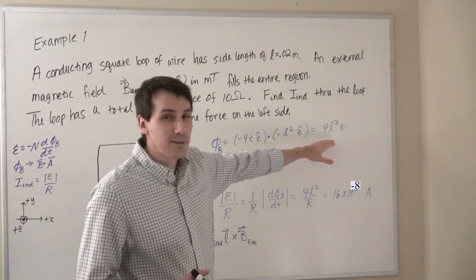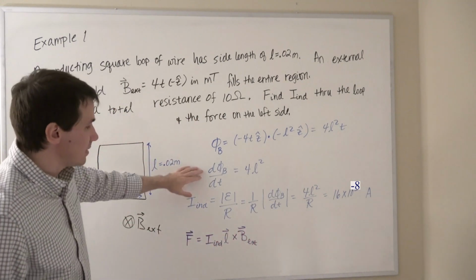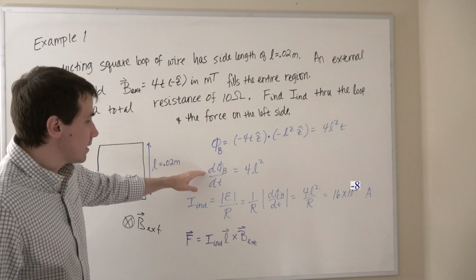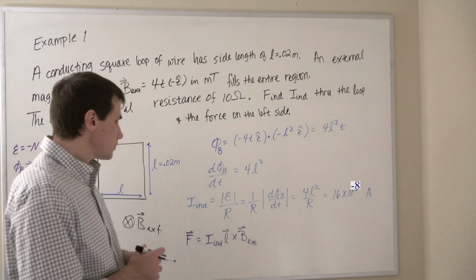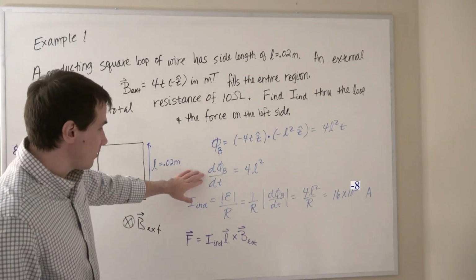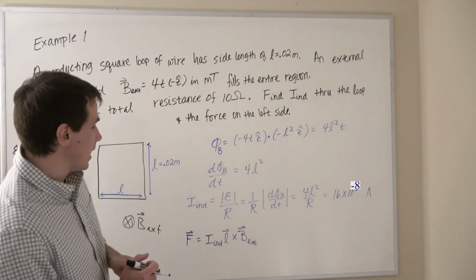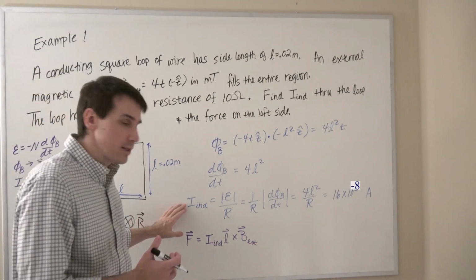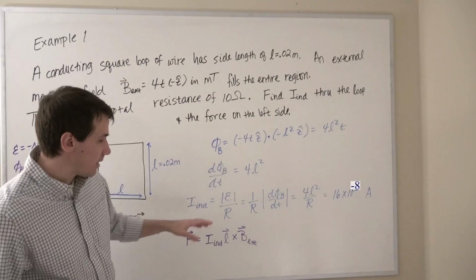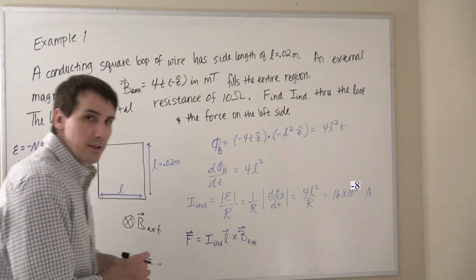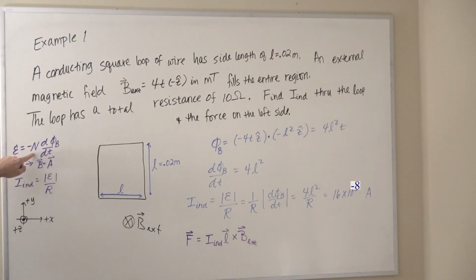Now, this flux clearly, explicitly depends on time, and we can take its derivative. That is, the derivative of the flux with respect to time is just 4L squared. Now that we have our derivative of the flux, we can use Ohm's law to find the induced current, where the induced current is the magnitude of our EMF divided by R. The magnitude of our EMF is equal to N, which we've said is 1 in this problem, multiplied by the derivative of our flux with respect to time.